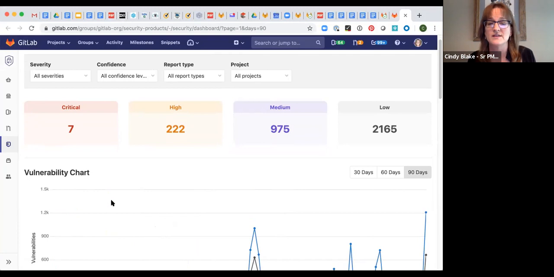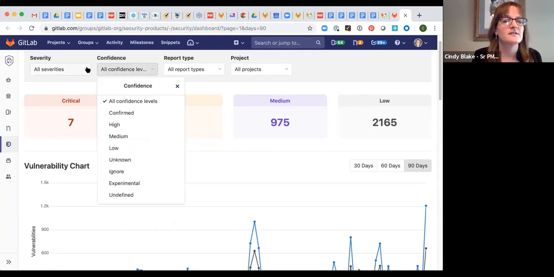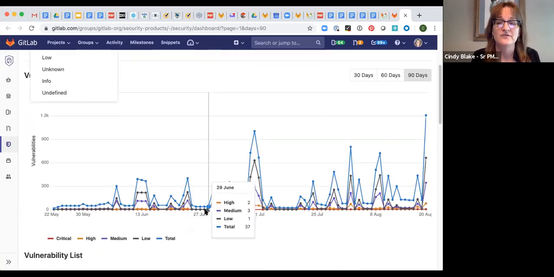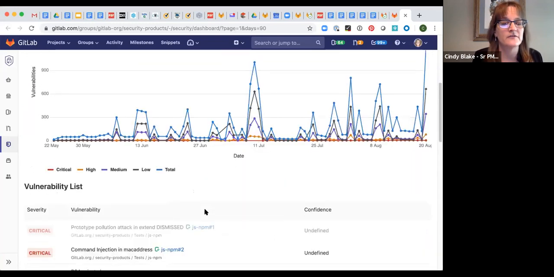Either development said, I don't know how to fix it, it's just going to have to stay there, or they dismissed it. So this is what's left. I've got 7 critical, and I can filter based on my confidence, severity, and the type of scan it is. I can see how I've trended over time. I want to make sure my criticals are trending down over time, for instance.